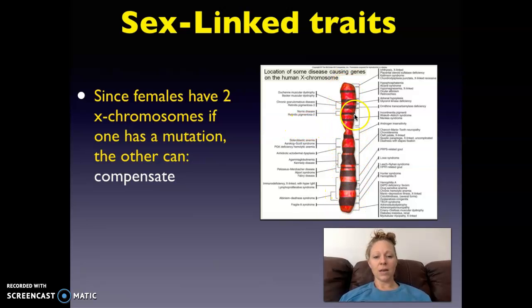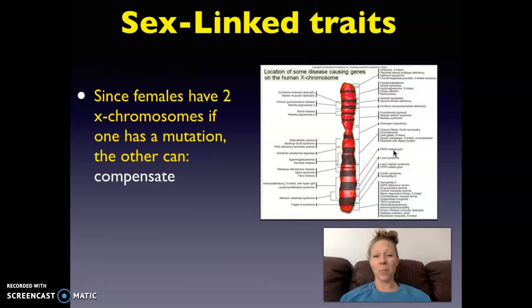So here, if there is a mutation, let's say for color vision or blood clotting, on this X chromosome, well, as a female, you'll have another one that can compensate. It'll express the healthy version of the gene. The mutated gene will not be expressed, but the healthy version will.